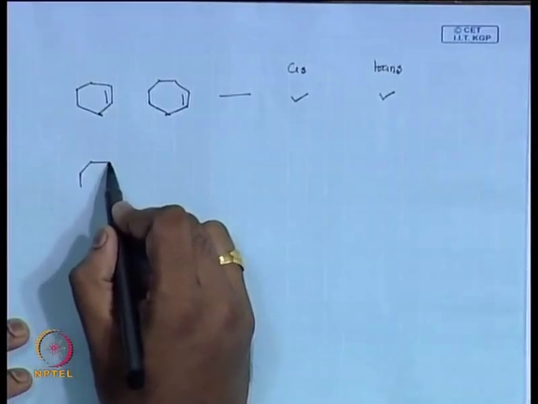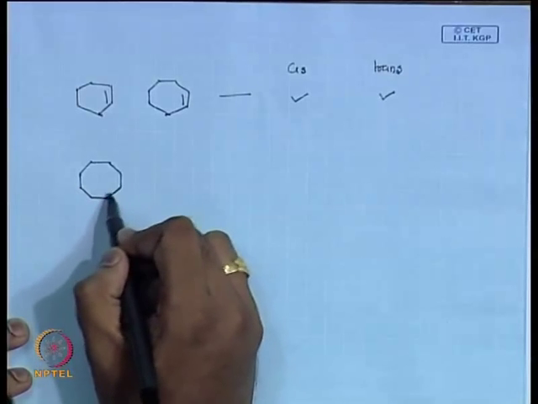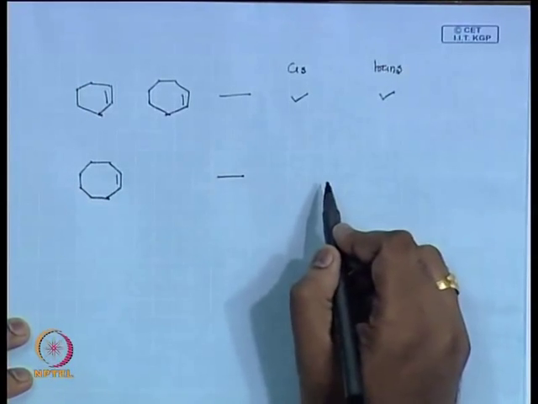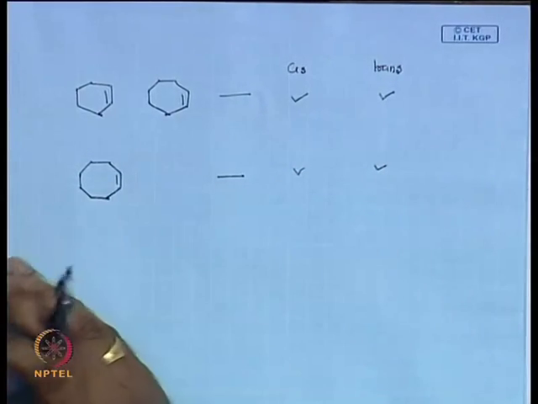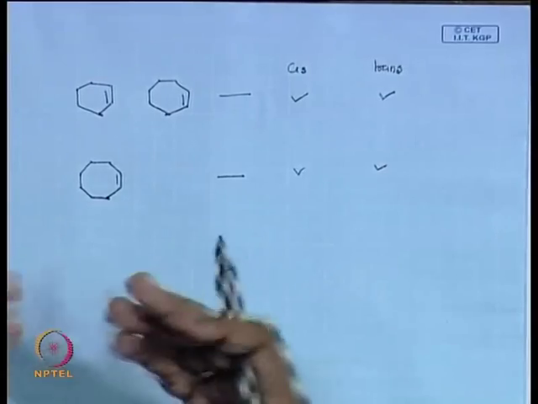For 8 membered, you can take both, and they are even isolated. So up to this you should have an idea: you have 3, 4, 5, and the borderline becomes around 6, 7, 8. Now we will get into examples of cyclic systems and see whether we can draw the cis and trans form of them.